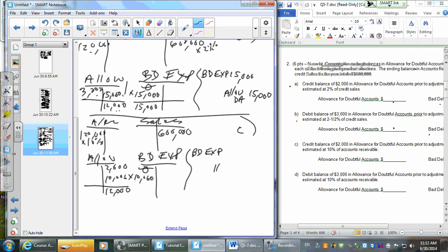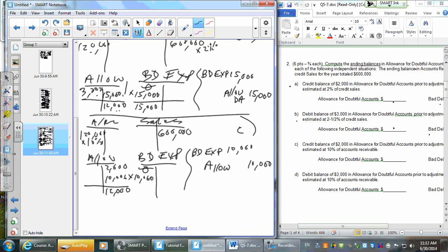Allowance. Every single time that you record a replenishment of bad debts, right? The allowance. And record the bad debt expense for the period. It's going to be debit bad debt expense, credit allowance. Don't do something else. That's what it is. Every time. Okay? So how much is that going to be? 10,000. Okay. There we got it.